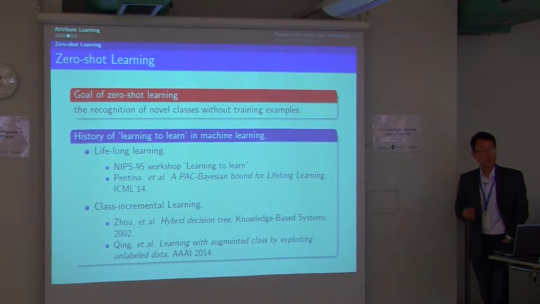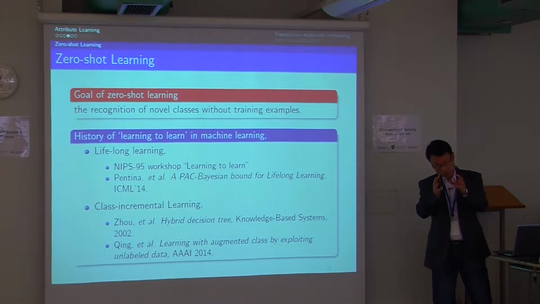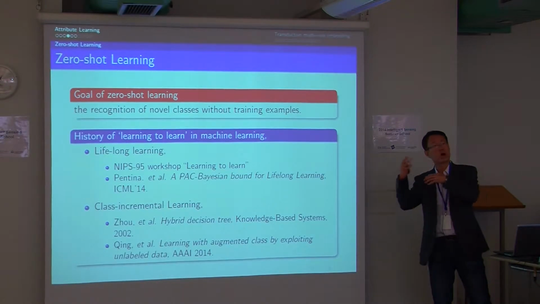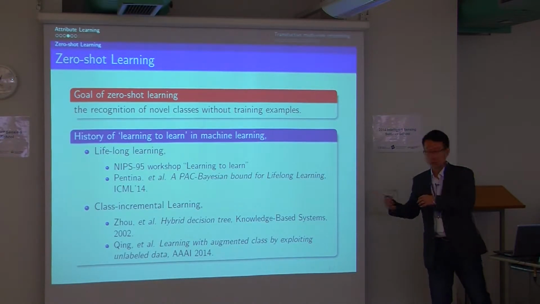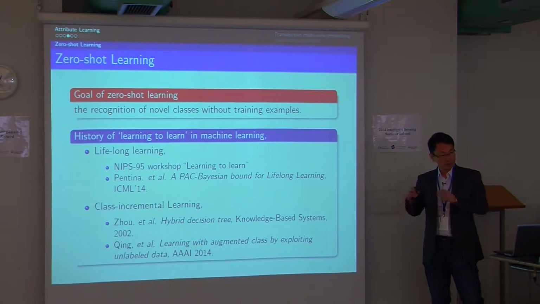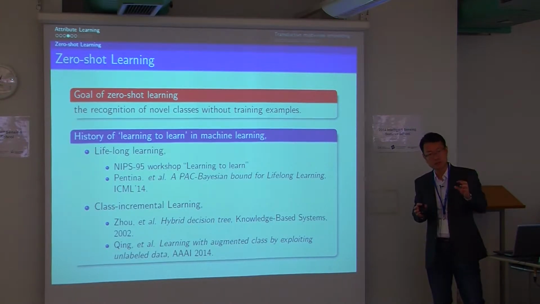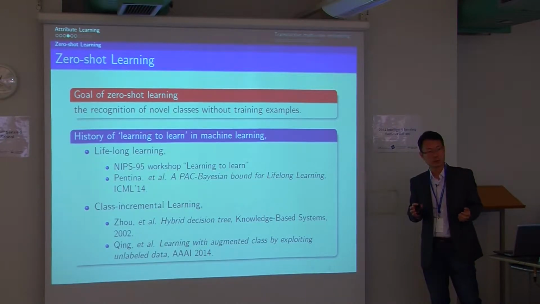But we know that humans can generalize from the categories they have seen before to unseen categories. So people have this concept of zero-shot learning. What does it mean? You can recognize a new class with zero-shot, which means you haven't seen any example of this new class, but you can still aim to recognize it.